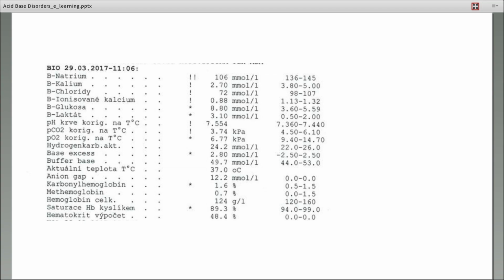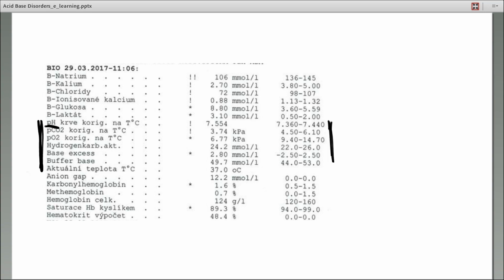Let's get to the respective disorders. We start right now talking about the respective primary disorders. We start with metabolic alkalosis. Now you look at the lab results you see on the screen, and I'll show you how to approach these results. First of all, concerning acid-base balance, we look at these variables. First of all, we look at pH.